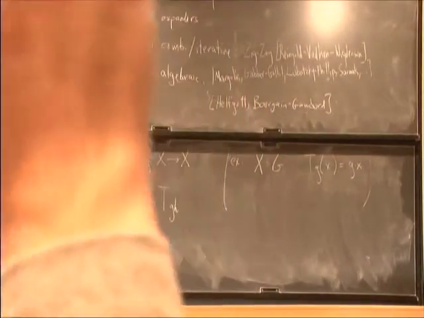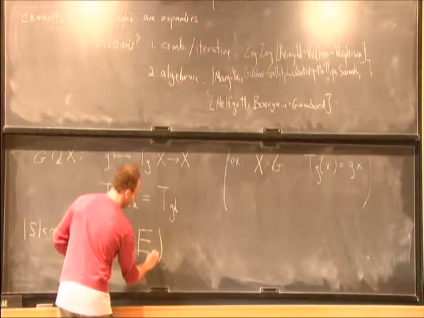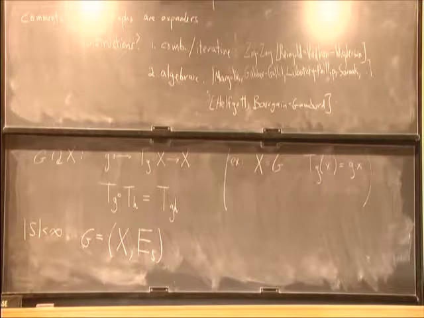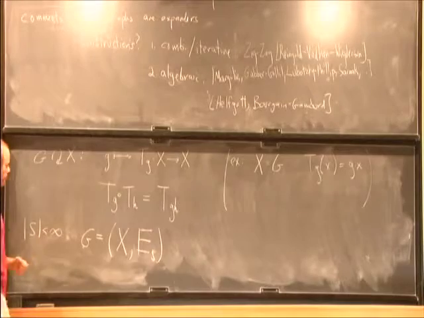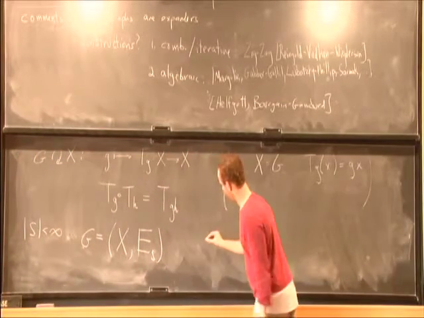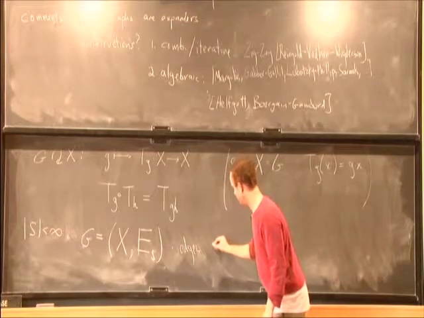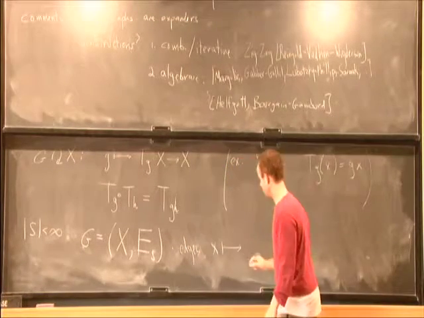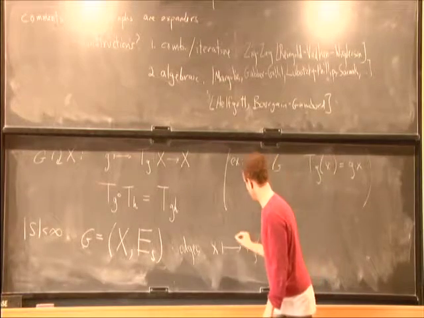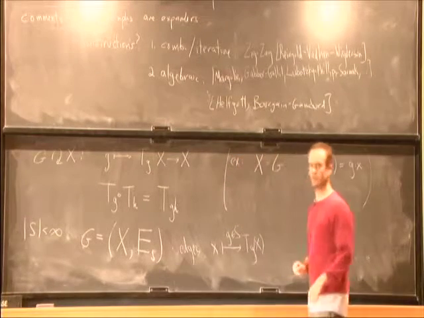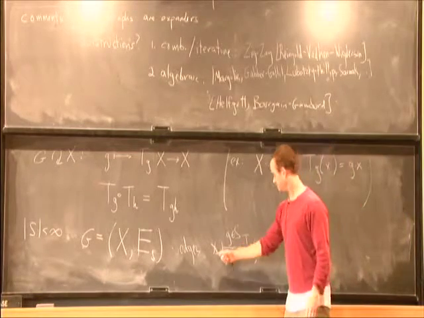The vertex set will be X, and there will be some edges that depend on S. So the vertices is the set X we are acting on, and the edge set is determined by this S. And the edges are of the form X is connected to Tg of X for g in S. So every point we connect to all the other points that S sends them to.